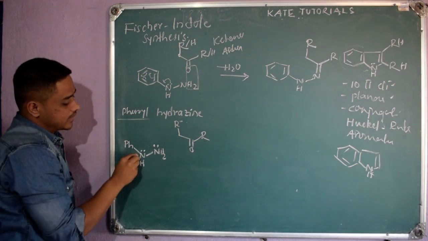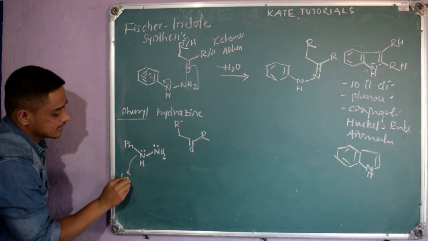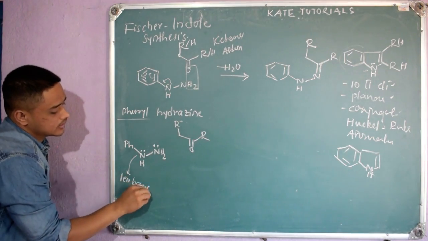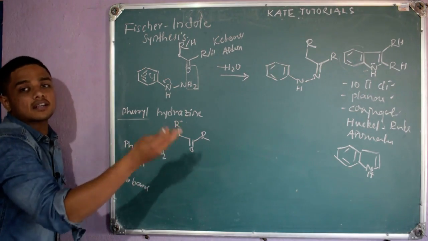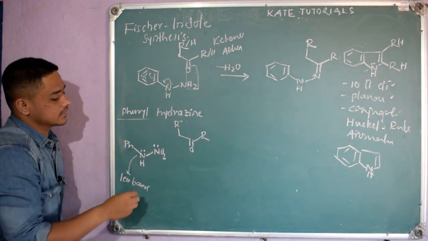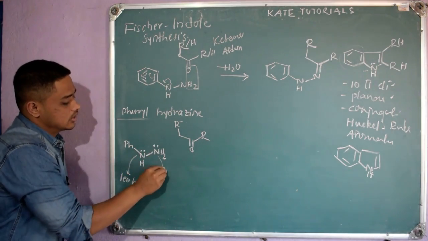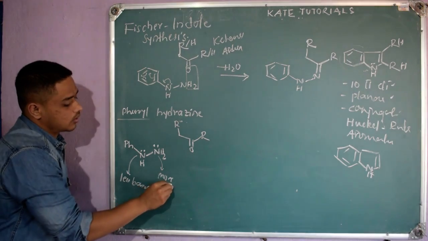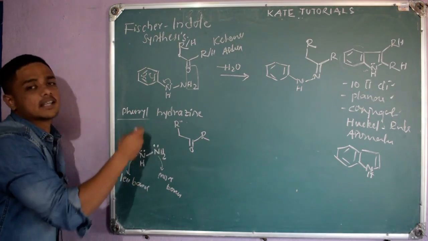Because of which it will be less basic. This nitrogen is less basic because it can't donate this lone pair to any other compound, as it is involved in resonance, whereas this is more basic because it is not involved in any resonance. So more basic I can call, right? It is not involved in resonance, it can easily give its lone pair.